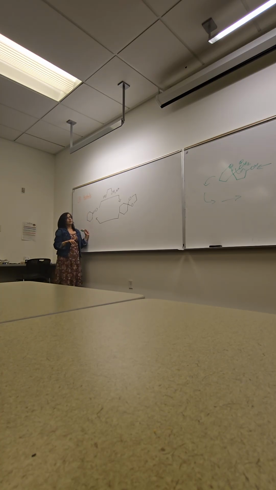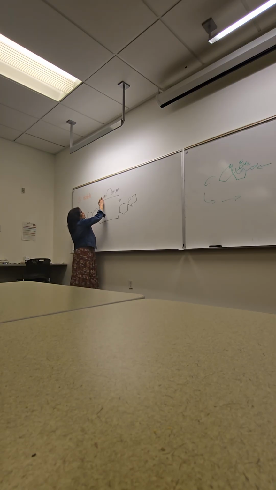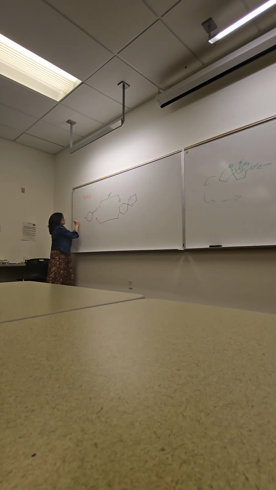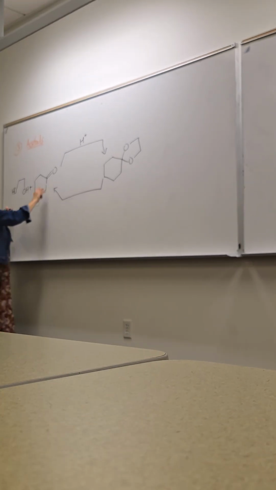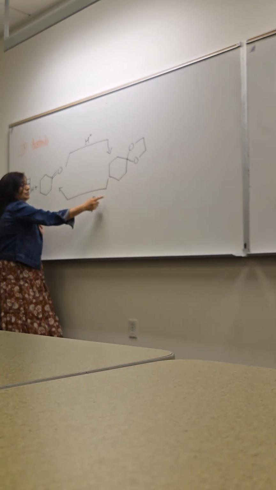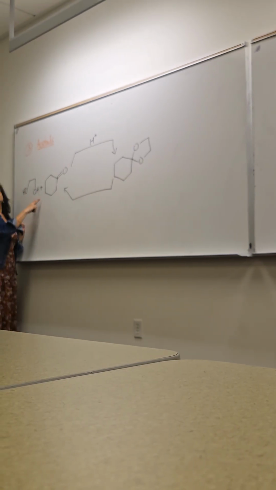Can someone tell me what I would need to use? Okay, maybe you can tell me what to use if instead of putting the alcohol there, I wrote the alcohol here. These two with an acid produce an acetal, but the acetal can go back into these two.